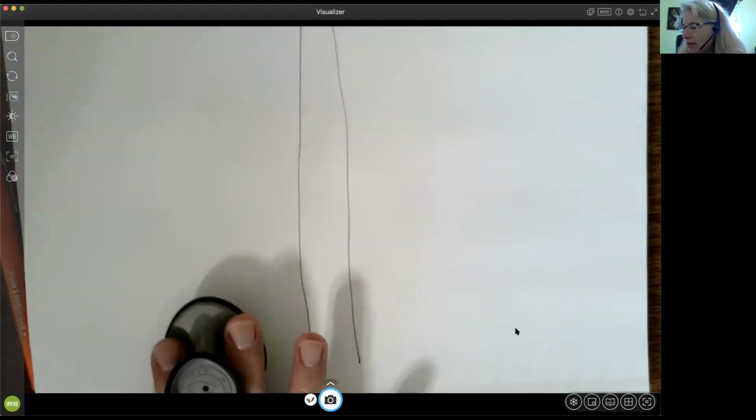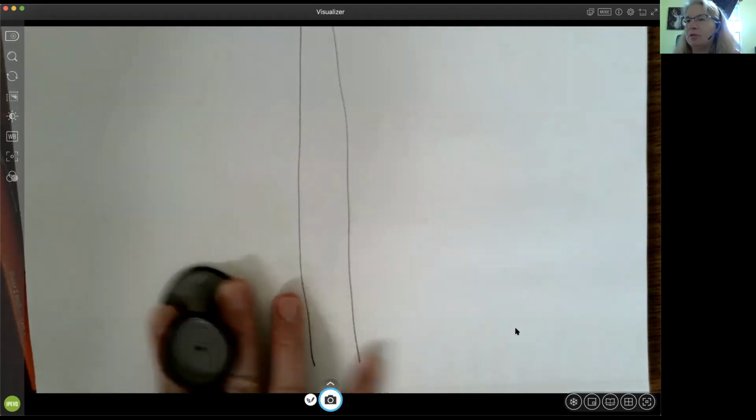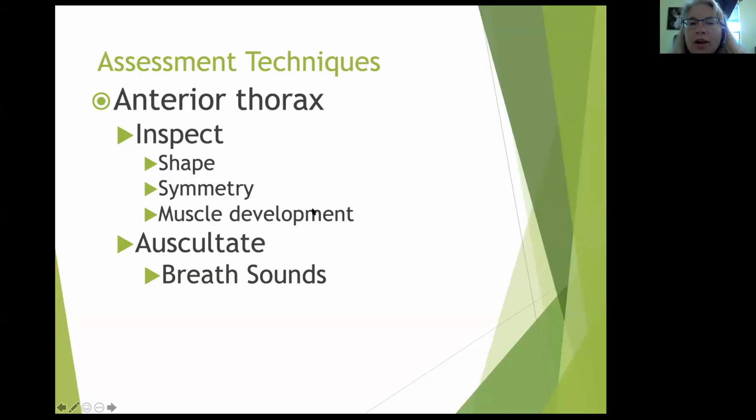And then when you go down, it's going to be under their breast on both sides, just like you did with apical pulse last week. Remember that when you auscultate, you want to make sure that you're between the ribs, not on the ribs, not on the scapula, because if you're on the bone, you're not going to hear anything.